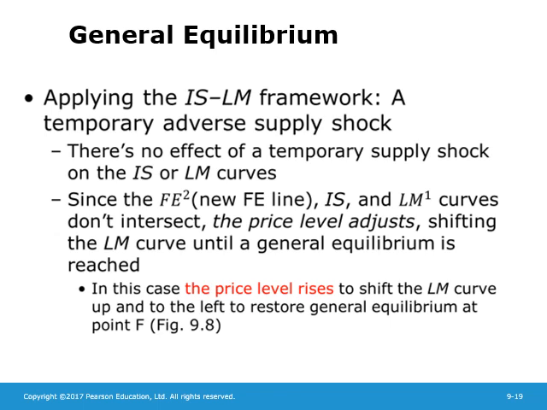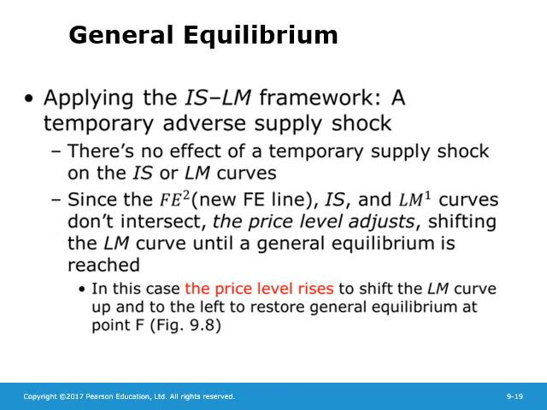What were the factors that caused the IS curve to shift? Any factor that changed desired saving or desired investment, such as wealth, expected future income, future marginal product of capital, and so on, taxes. None of these factors has changed. So we do not change the IS curve because no factor that affects desired saving or desired investment changed.